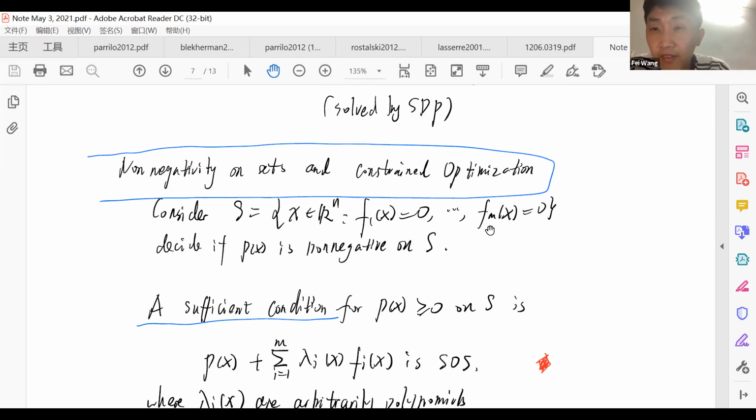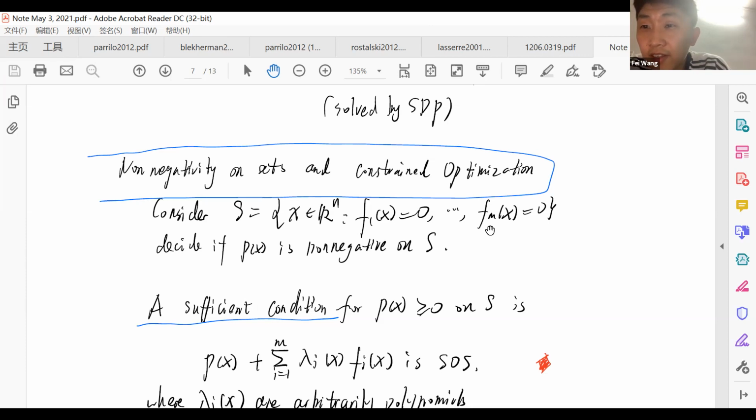We want to find a sufficient condition for the non-negativity of p(x) over a set.